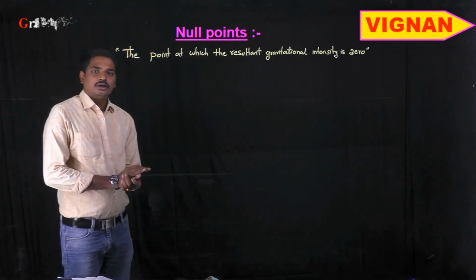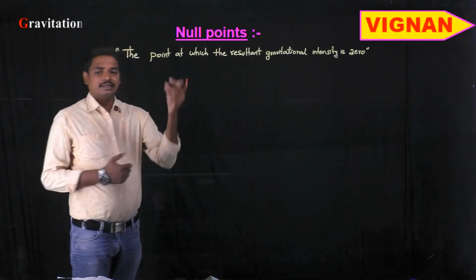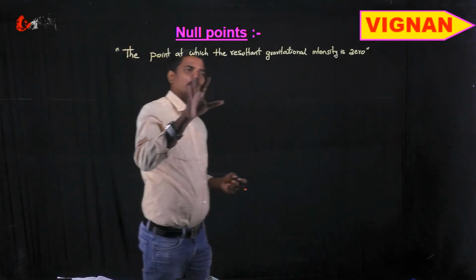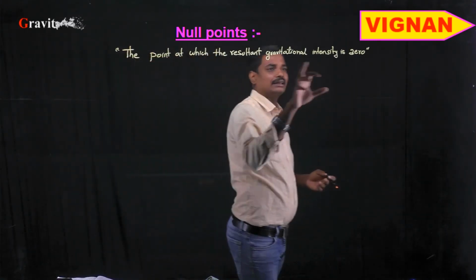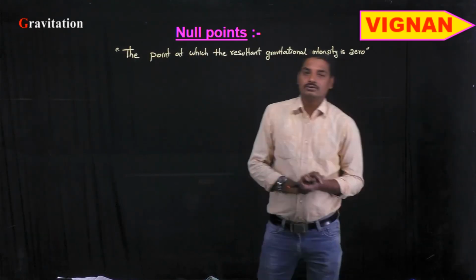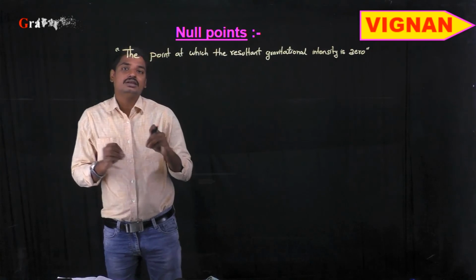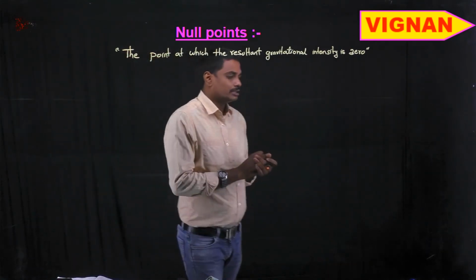Okay students, now let us move on to the next topic, that is the null points. Null points are the points at which the resultant gravitational intensity is 0. So let us see.